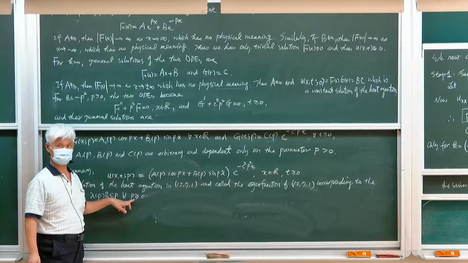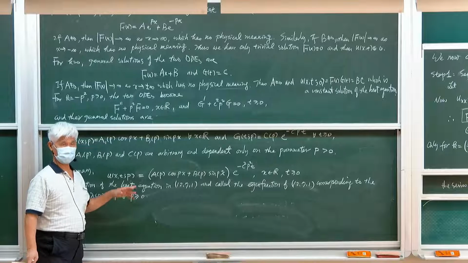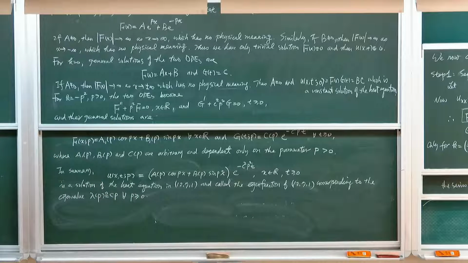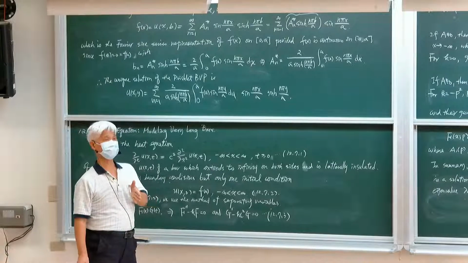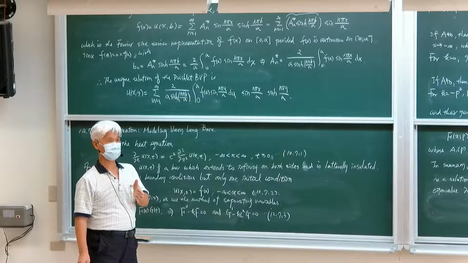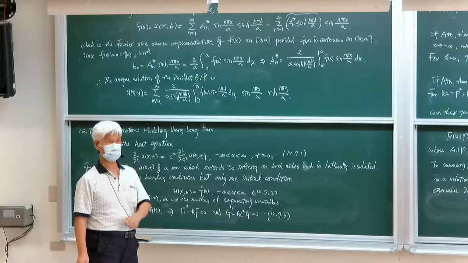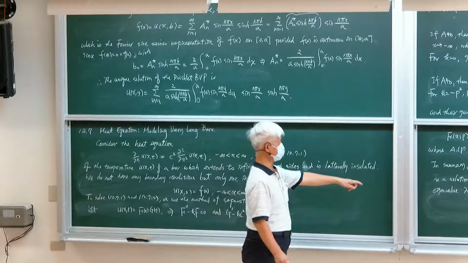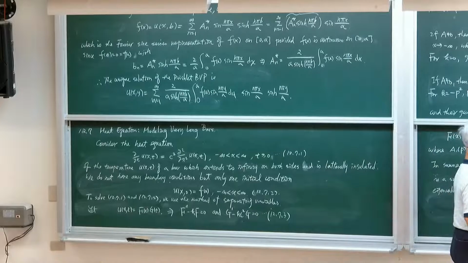Okay, so that's a lot. They are different from the previous section, where the p would be discrete values. But here we have a continuous eigenvalue lambda.